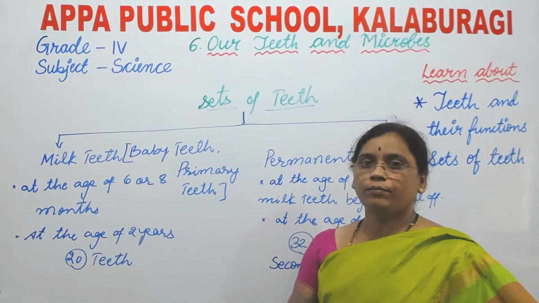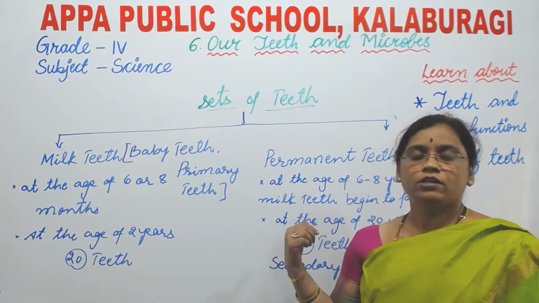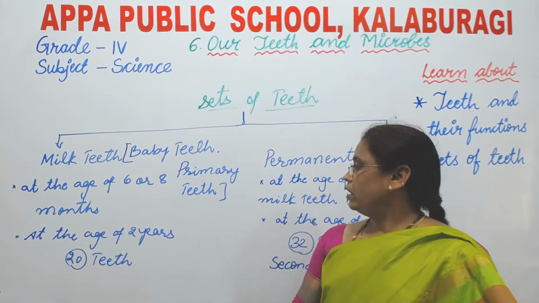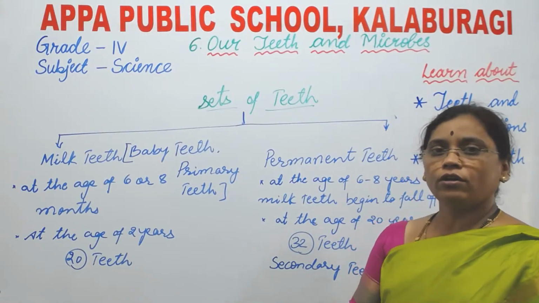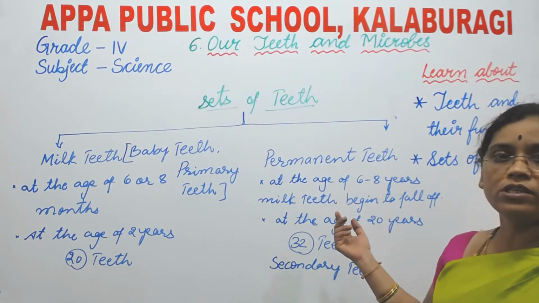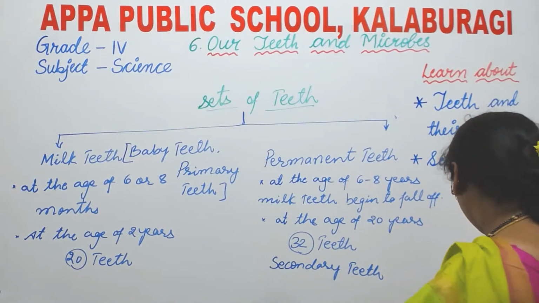What is the reason? Because no new teeth will grow in that place again. We should not lose them. If we lose them, then as the name itself says, we are losing them permanently. Understood? That's the difference.